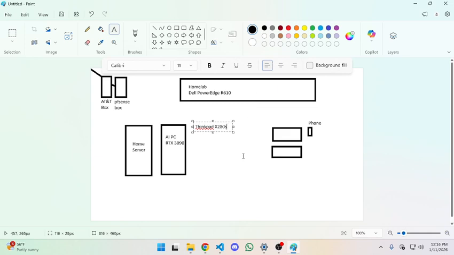I think it's an X280S. Is it? I actually don't know if it's an X280S or not. I think it's just a regular X280. Yeah, it's a regular X280.